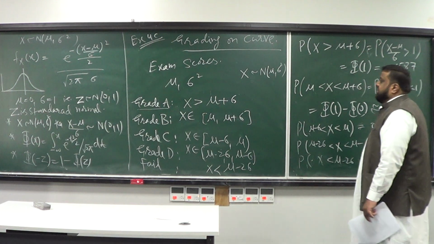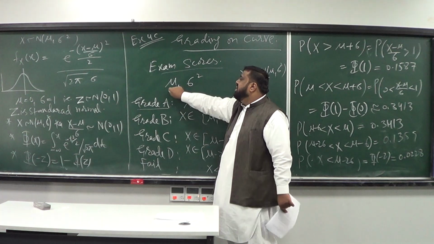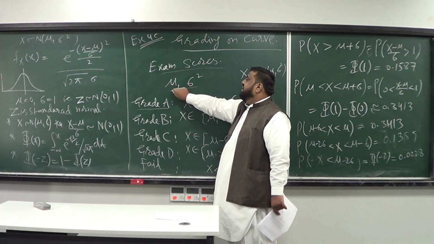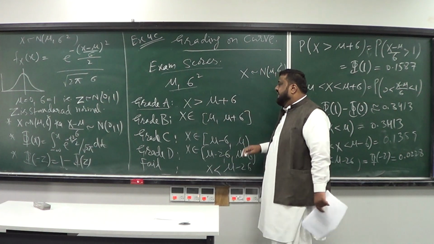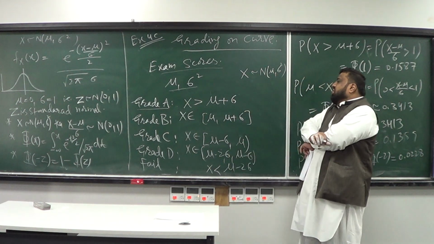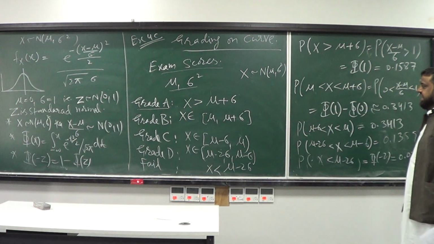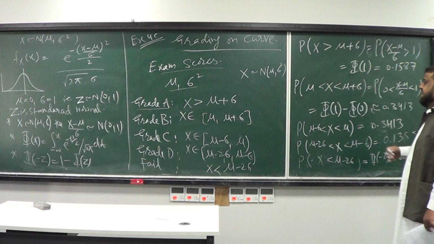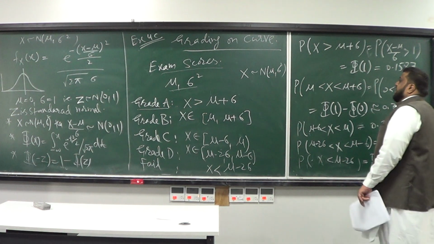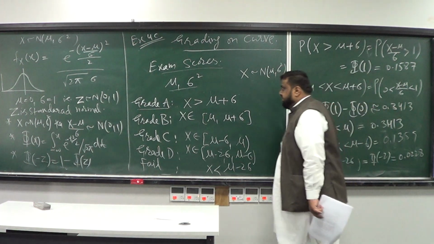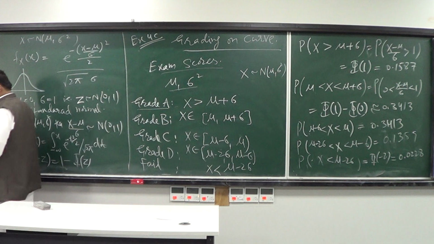Take the exam scores, compute mu and sigma squared for your exam scores, and then assign the grades according to this policy. You will have a grading curve, a beautiful bell curve of your scores. This is the key thing. So that's one of the examples.